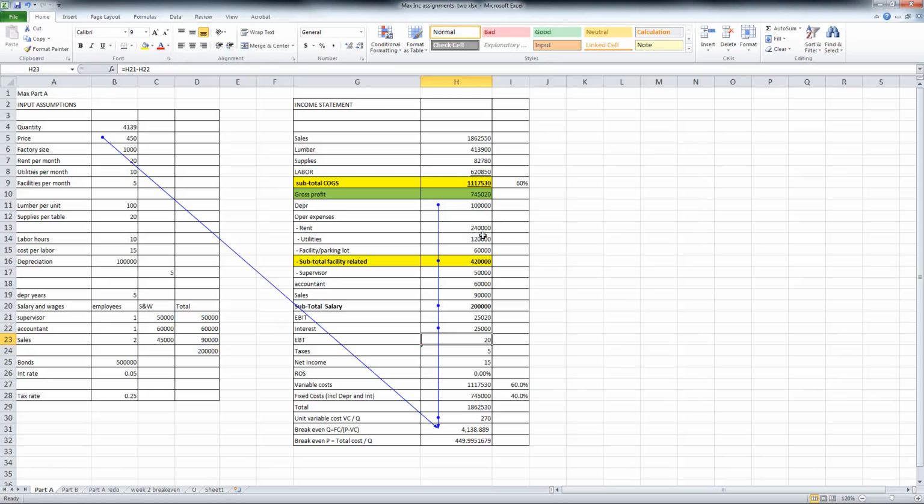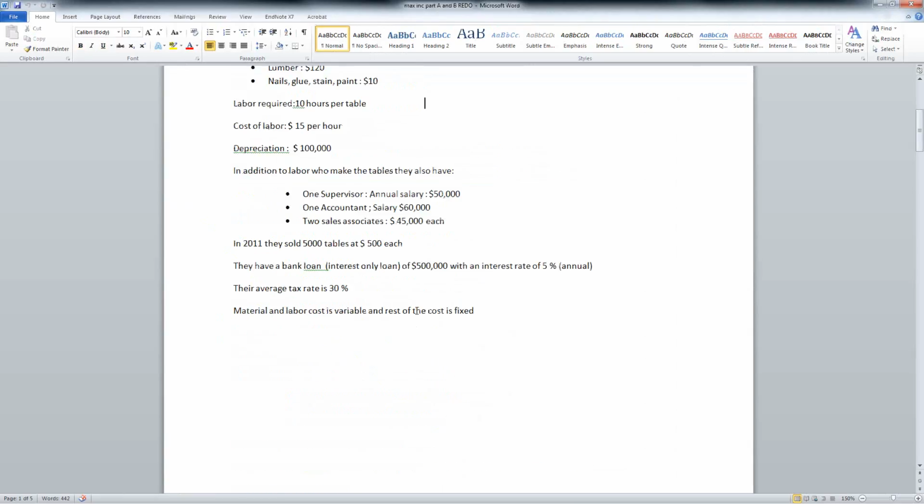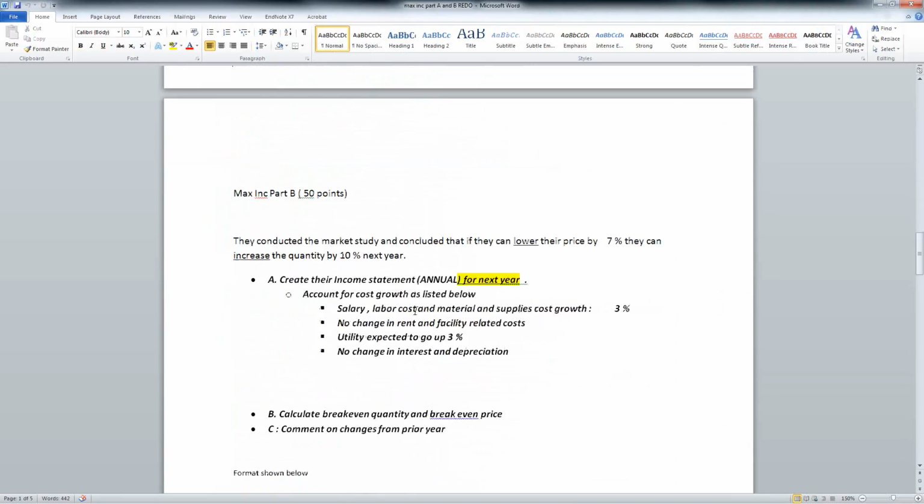Now, the next assignment was to say, okay, what if we take this and now we forecast for next year, and let's say that the marketing people came and said, okay, if we can lower the price by 7%, we will increase the quantity by 10%, and obviously we have to also account for next year's inflation and so on.